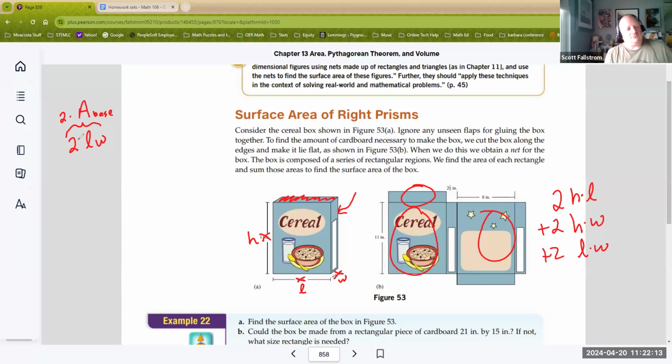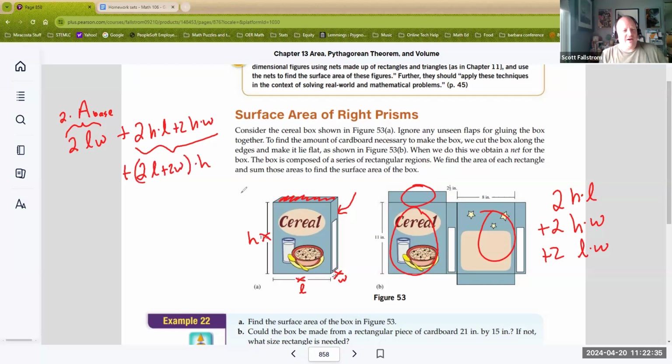Okay. So I have 2 times length times W plus then I have 2 height times length and 2 height times width. Now, what I'm going to do is I'm going to factor this out to get a 2 length plus 2 width, and I multiply that by the height.